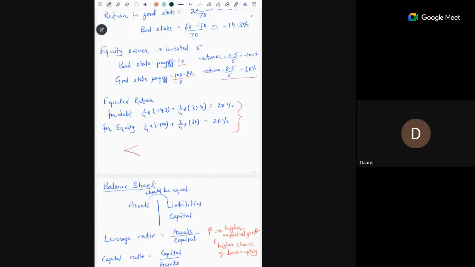I think the building of a road construction question was there. So the cost was different. So in that question, if the cost is different, then you have to calculate the returns in the good and bad states, and from that you have to calculate the expected rate of return. Because the cost is changing, this denominator is changing in both cases. So that was the trick part in that question.